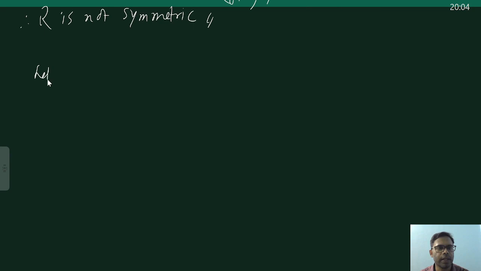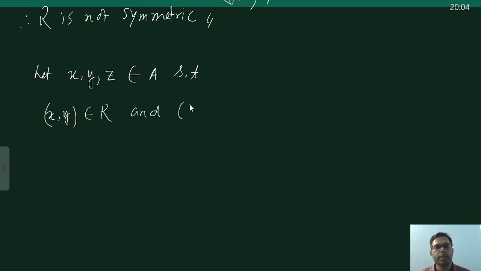So let x, y, z belong to the set A such that the ordered pair (x, y) belongs to R and (y, z) belongs to R. When (x, y) belongs to R, it means x is a divisor of y, and (y, z) belongs to R means y is a divisor of z.